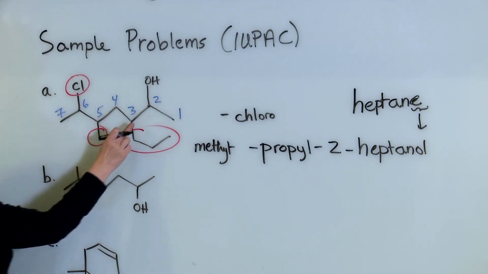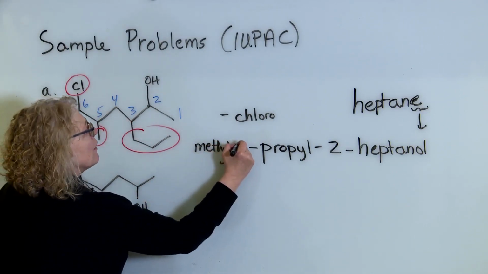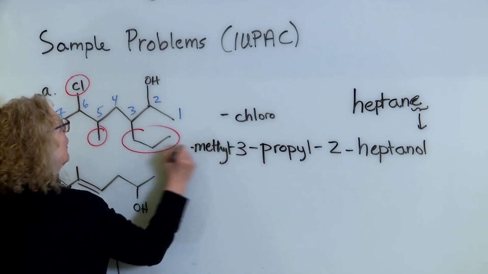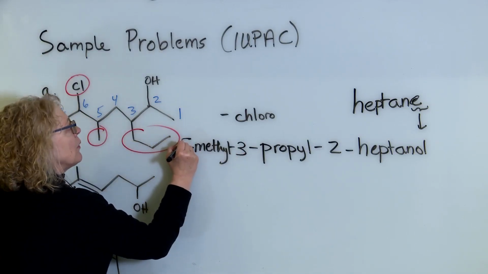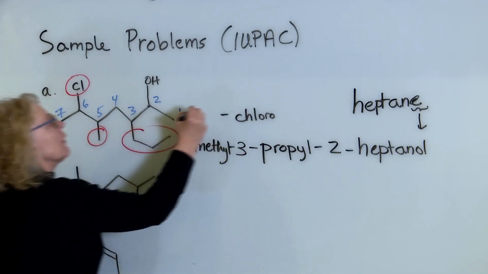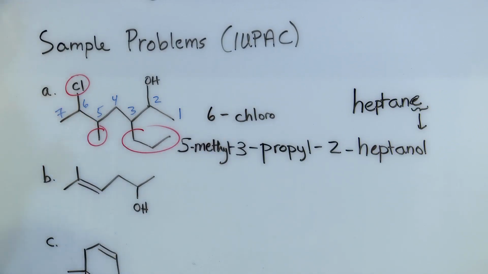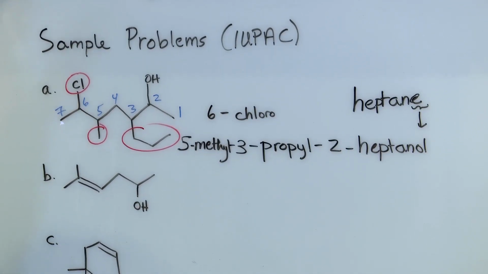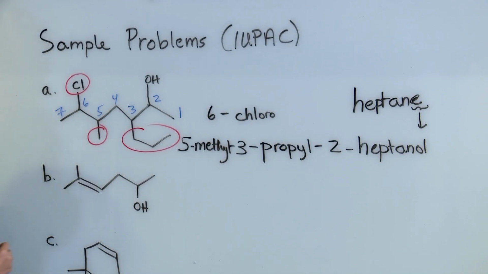The numbering system is set, so the propyl occurs at the 3 position, the methyl occurs at the 5 position, and the chloro occurs at the 6 position. So when you have an alcohol, the numbering becomes very, very easy.